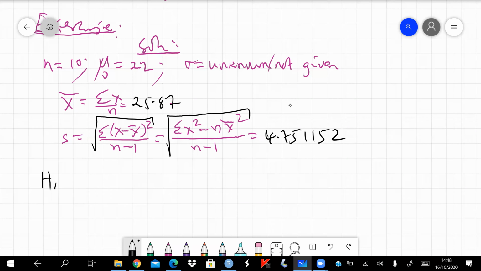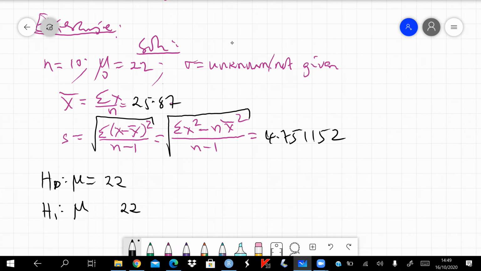The null hypothesis is that always mu is equal to mu naught, and our mu naught is 22. Then H1 will be mu, and then we have a 22 here. Then from the question that we are trying to answer, we should know whether we are going to use a lower tail test, an upper tail test, or a two-tail test.